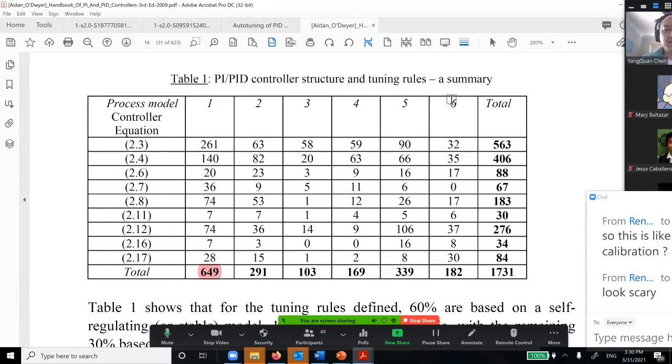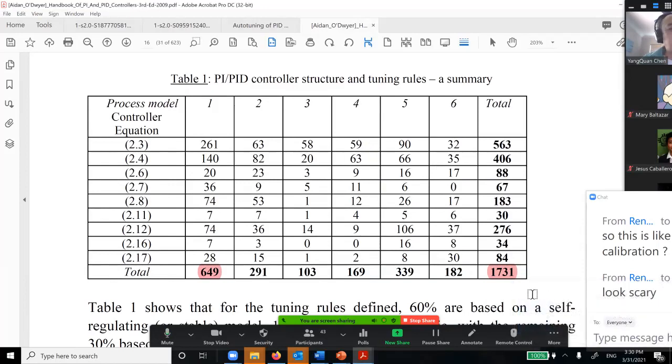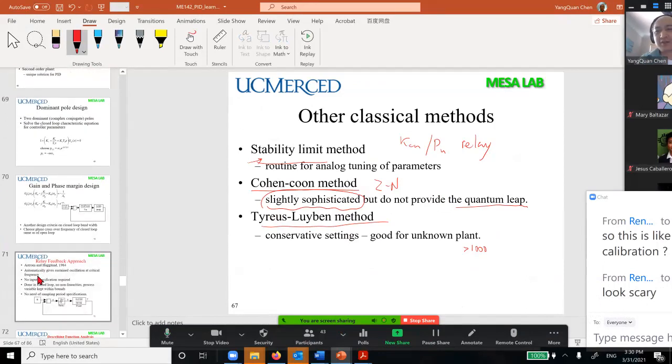And for other types of models, they have this amount. So together, in this book, there are 1731 tuning rules included, okay? Just to give you a rough idea. But among them, Cohen-Coon is one of those widely used methods. So I'm going to show you this.